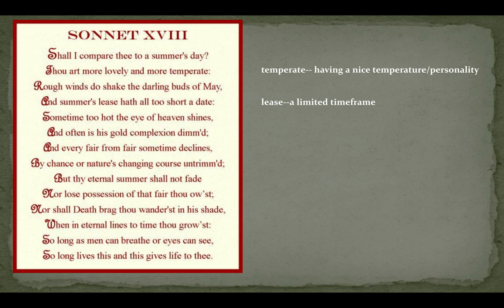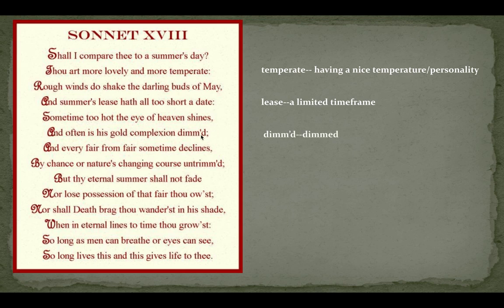You can also have leases on cars and properties and other things, but it's a limited time frame. So that's what we need to think of here, that a lease is a limited time frame. So if we're talking about summer's lease, we're talking about, oh, summer only has this limited time frame, and this is saying that it's very short.